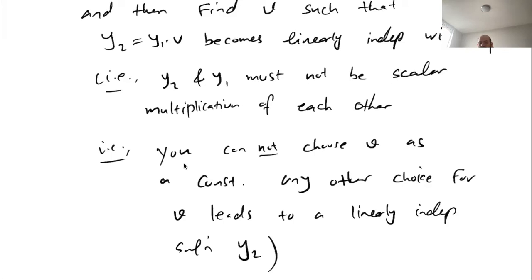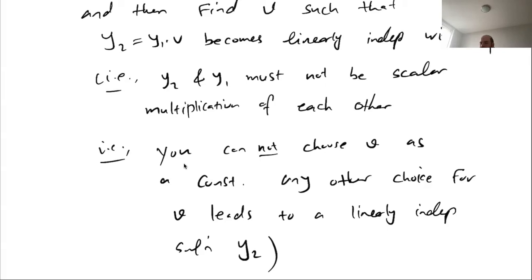But if two vectors are not scalar multiples of each other, then they are linearly independent. Now, y2 is y1 times v, and you want y2 to be linearly independent from y1, so y2 must not be a scalar multiple of y1. That means v cannot be a scalar. So the only choice you should not make is v being a constant. If v is not a constant function, then y2 will not be a scalar multiple of y1, and therefore y2 and y1 will be linearly independent.